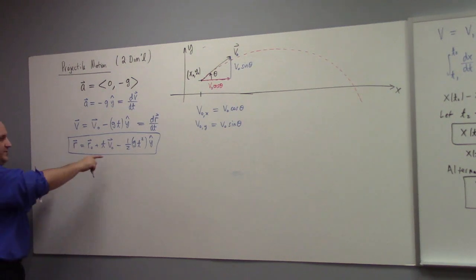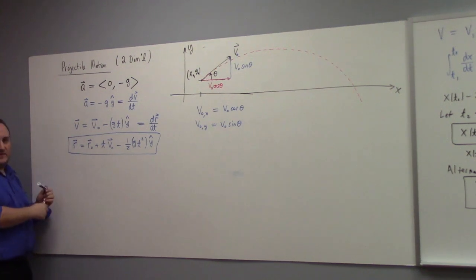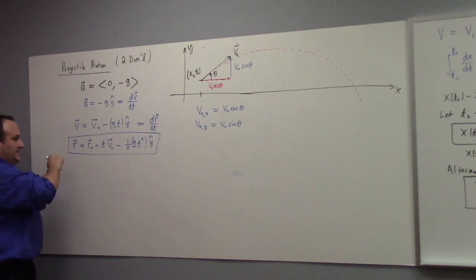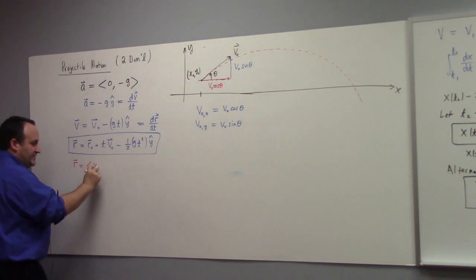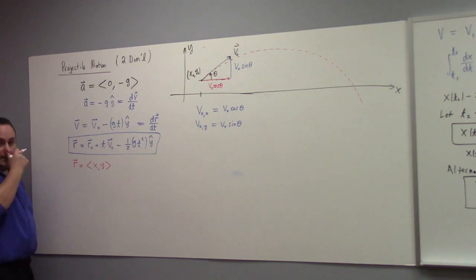And what happens if we put this into components, right? Here r has your x and your y in it, right?